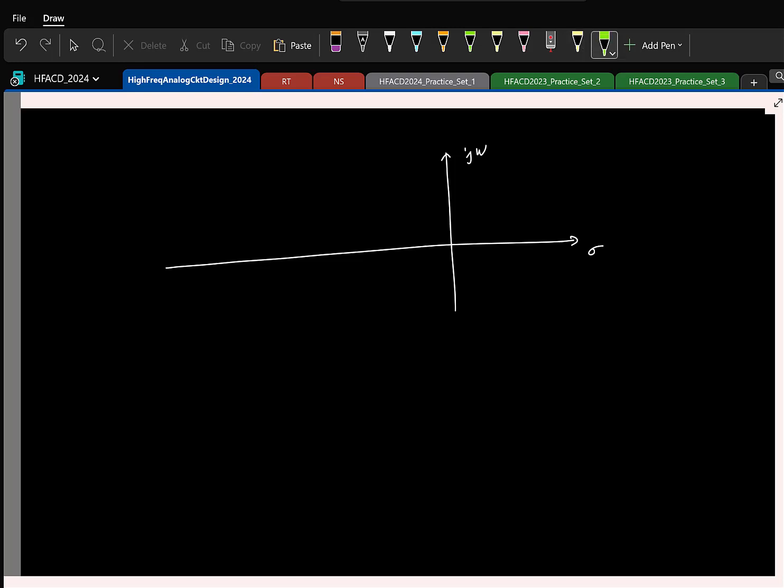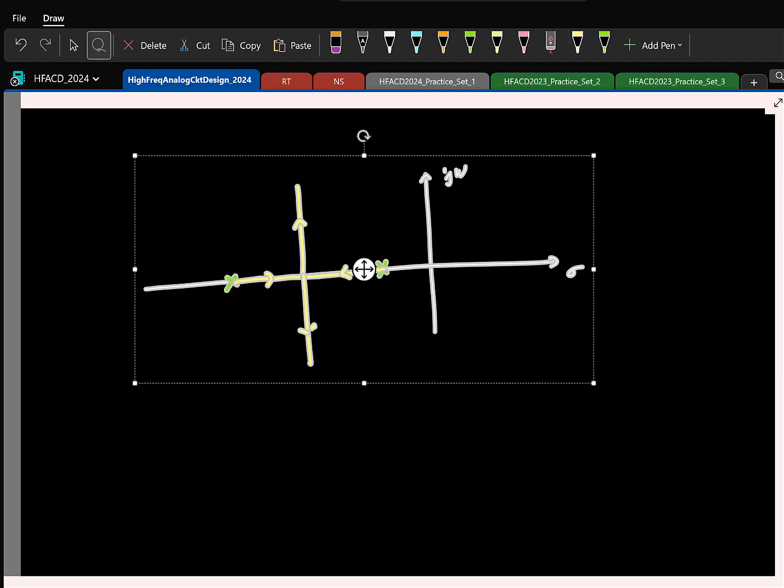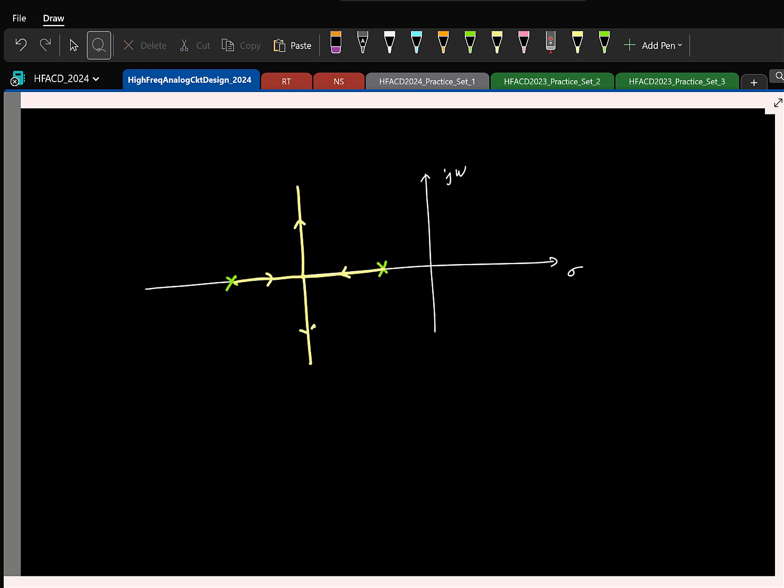As we saw, if we have a second order system where we have only 2 poles in the loop gain, the root locus was basically doing this. Now we noted that if you don't want any kind of ringing in the settling response, where do you want your closed loop poles to lie? On the real axis. Great.